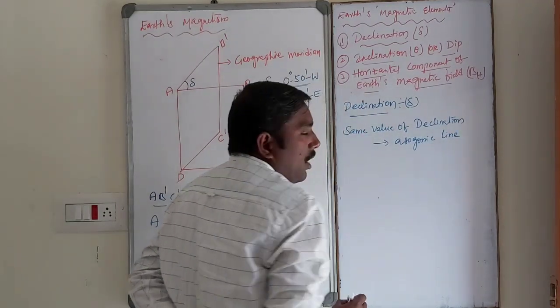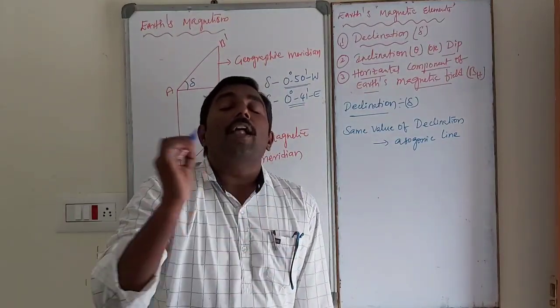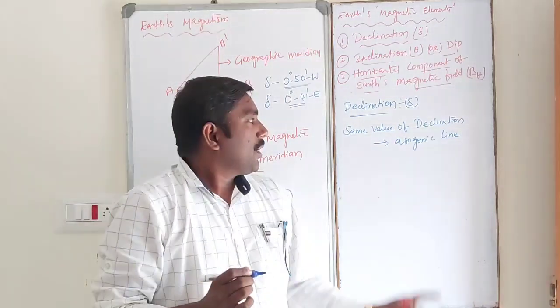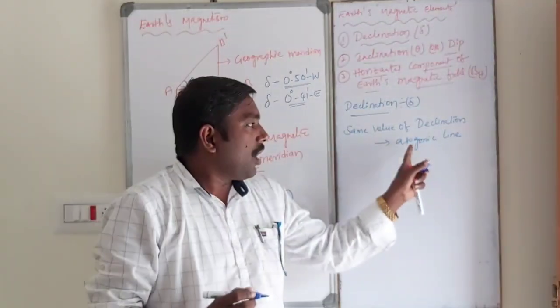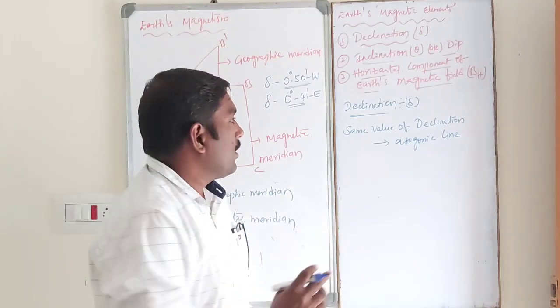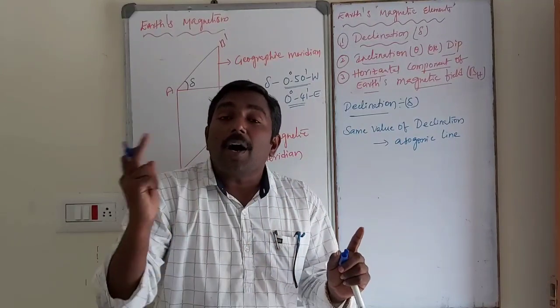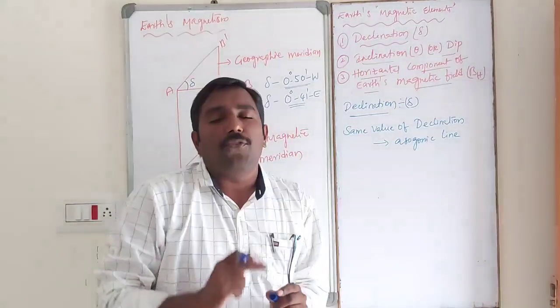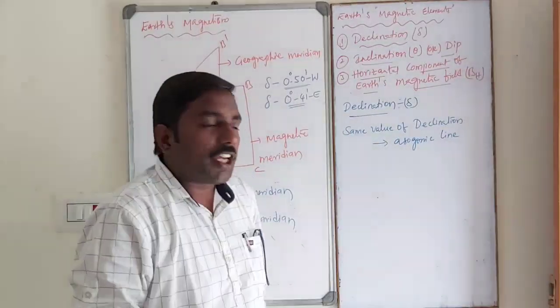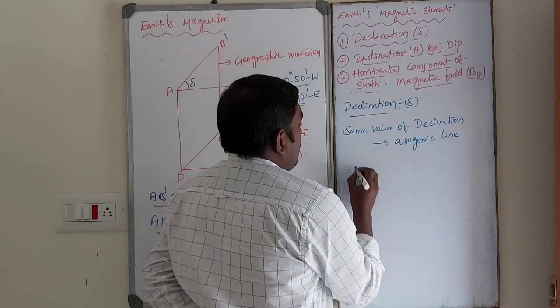On the world map, the line passing through the same value of declination is called an isogonic line. Similarly, the line drawn on the world map which is passing through the zero value of declination is called an agonic line.